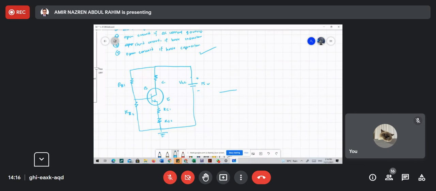previously, the easy way is like this, we only have VCC. I draw it the easy way. We have the BJT, we have only one RE, and we have one RB, and we have VBB, then connect to ground.